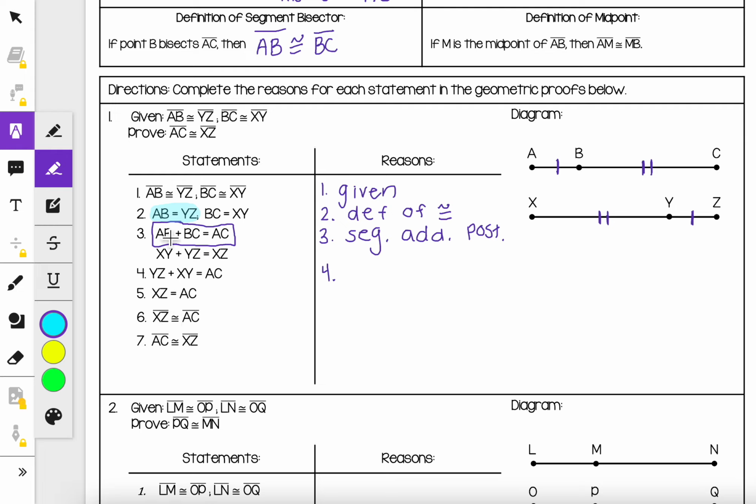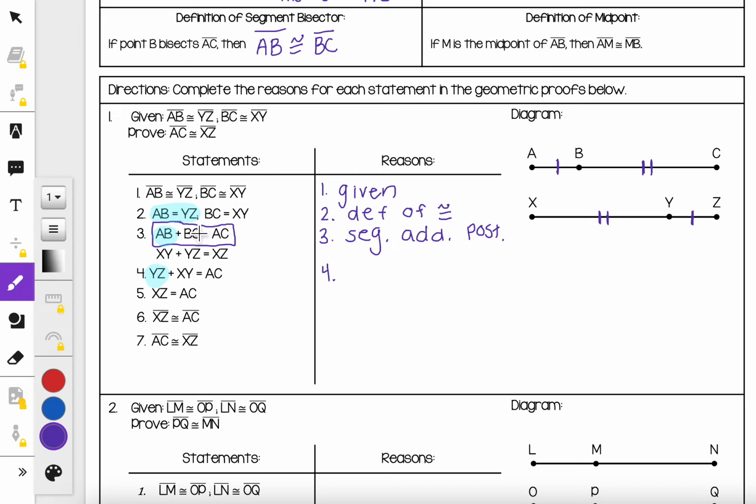So where I see AB in my first equation, I'm going to substitute in YZ. Okay? So between step 3 and 4, I am going to manipulate this boxed equation here. So I changed AB to YZ because I knew that those were equal.